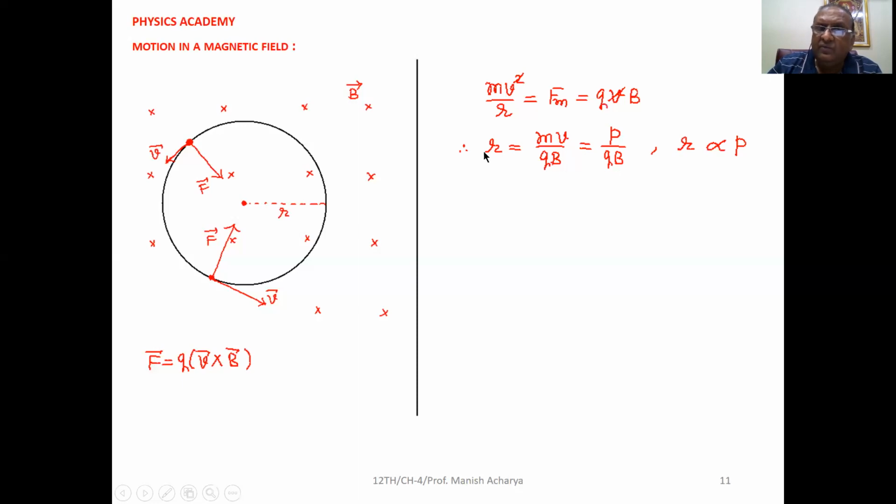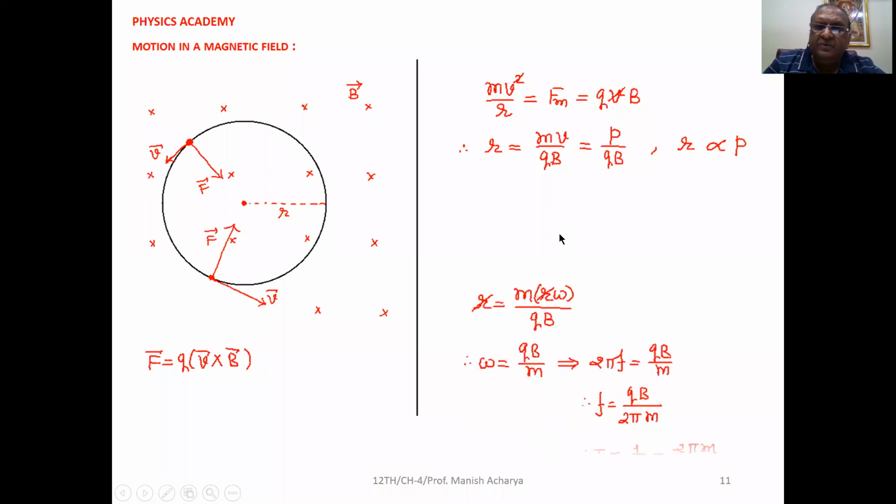Now here we can observe this thing, r is proportional to momentum. Means if the momentum of the particle increases, then the radius of its circular path also increases. Clear up to this one?